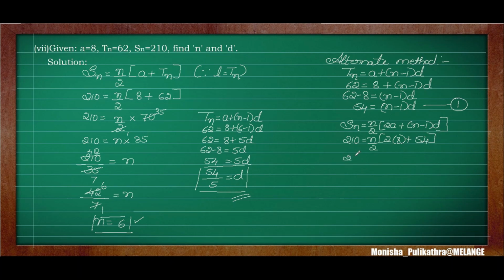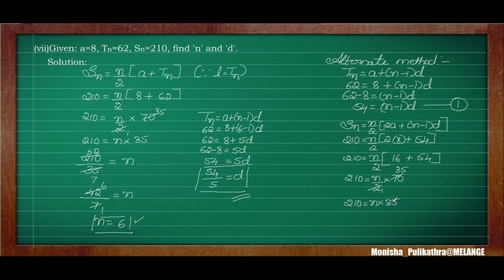So next you will get 210 is equal to n by 2 into 2 8s are 16 plus 54. So 210 is equal to n by 2 into 54 plus 16, which is 70. Next divide it: 2 ones are 2, 35s are 70. So the remaining will be 210 is equal to n into 35.